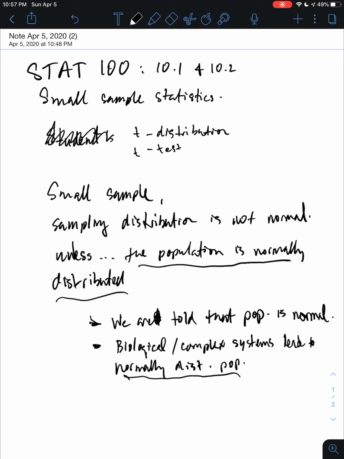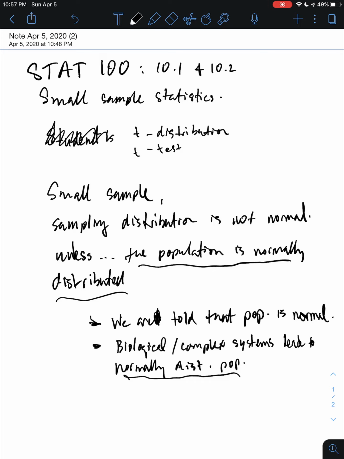We'll find that those attributes are distributed approximately normally anyway. And that's the same not just for humans, but across the spectrum of biological systems. If we measure the length of fish, the weight of fish, the mass of fish, the circumference of a tree, all these things tend to be normally distributed.